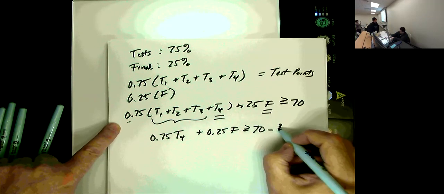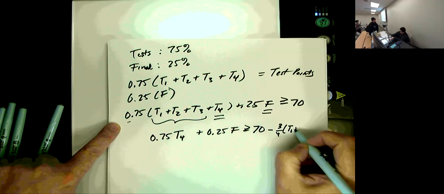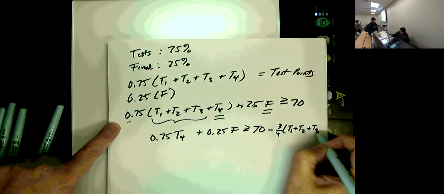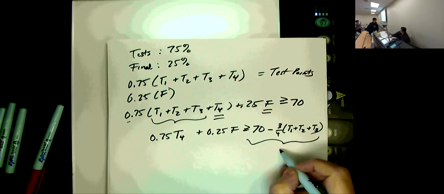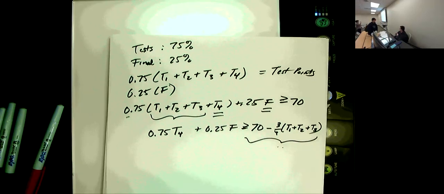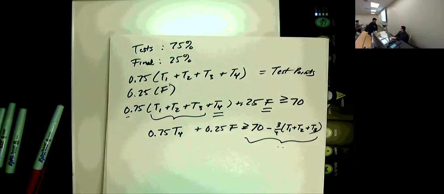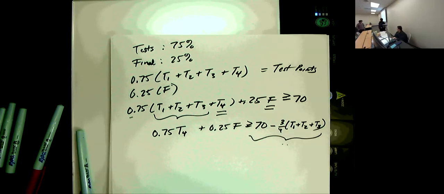Another way of doing this is 3/4 times T1 plus T2 plus T3. You can calculate this part. Just plug in values. A little bit of algebra. This is the one class you should know how to do that. Most people don't think about it.